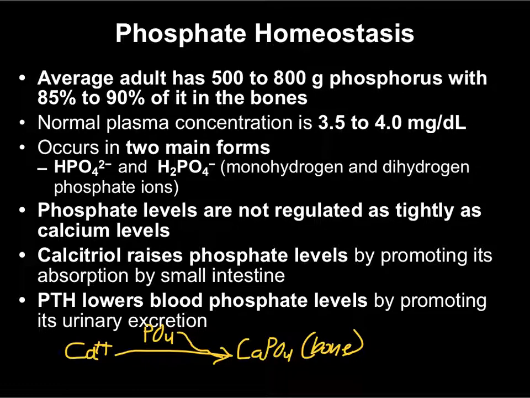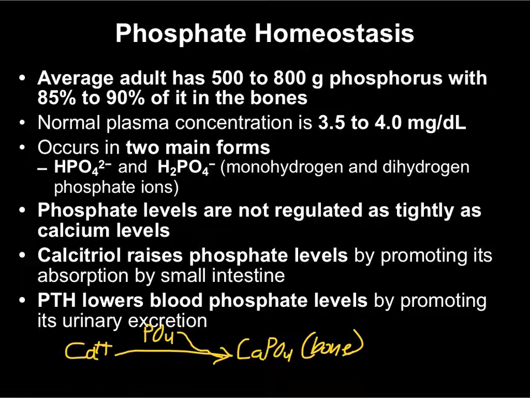Normal blood phosphate levels are 3.45 to 4 mg per deciliter of blood. You don't need to memorize that. I'll tell you if it's high or low. Phosphate occurs in the body in two main forms, monohydrogen phosphate and dihydrogen phosphate, which is basically a base and an acid form. The specific levels of phosphate in your blood are not as crucial as calcium.